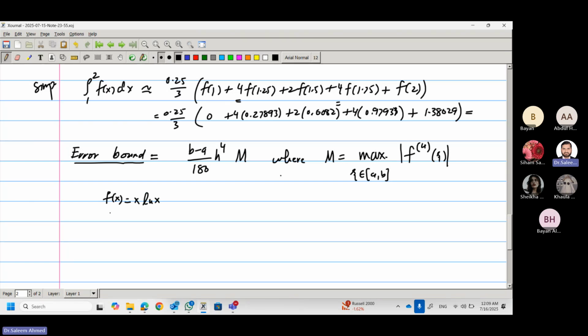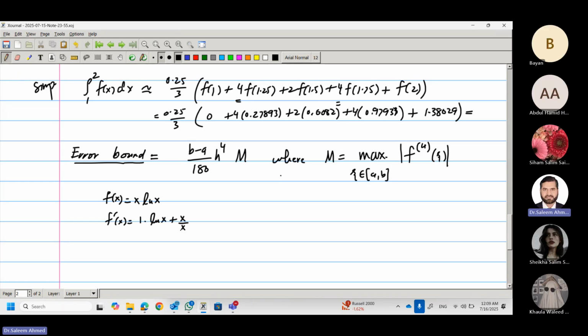First derivative will use product rule: 1 times log x plus x times 1 over x. So log x plus 1. Then the second derivative, this is easy, 1 over x. Then the third derivative will be minus 1 over x squared. Then the fourth derivative will be plus 2 over x to the power 3.